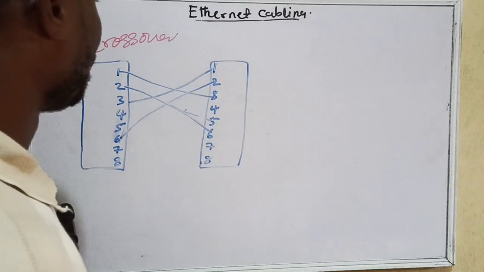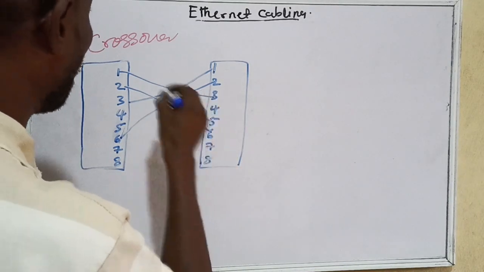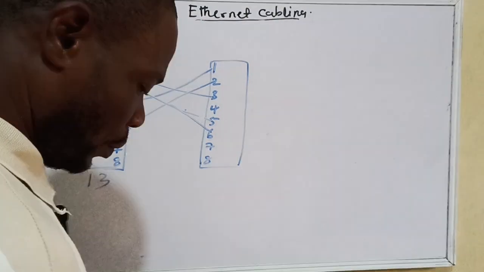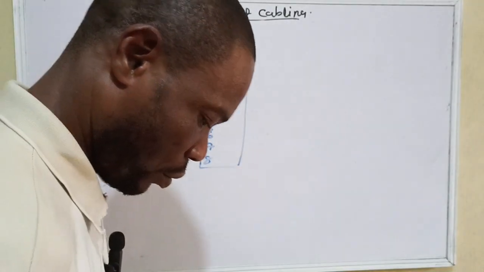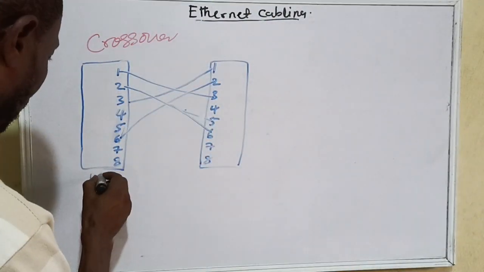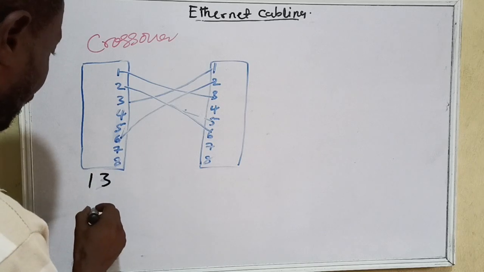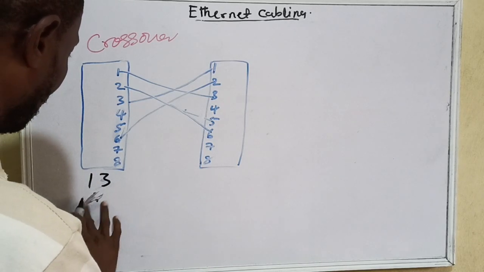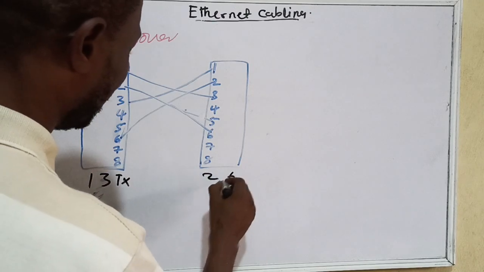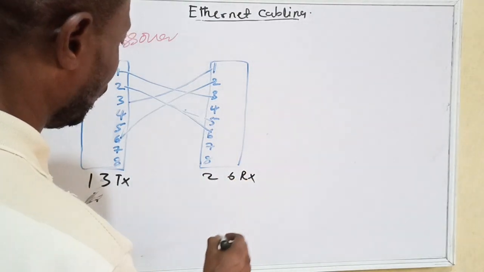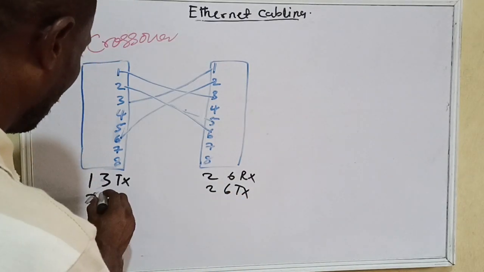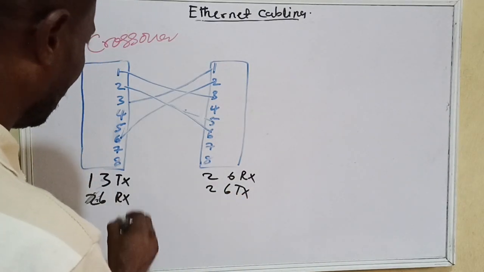Which means 1 and 3 for transmit, while 2, 6 receive. And 2, 6 here for transmit, and 2, 6 here is for receive.